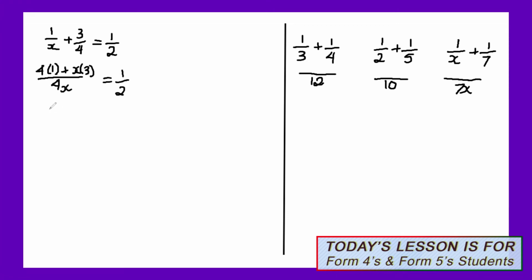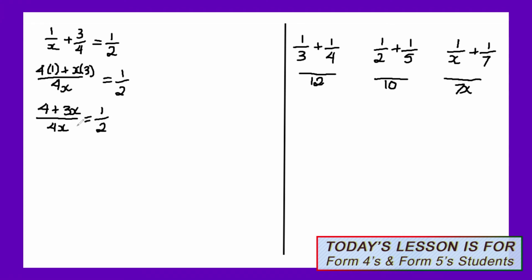So we're going to just simplify. 4 by 1, 4. x by 3, and we would say 3x. And that is over 4x. And that is equal to 1/2.